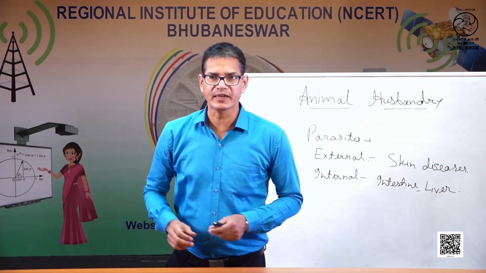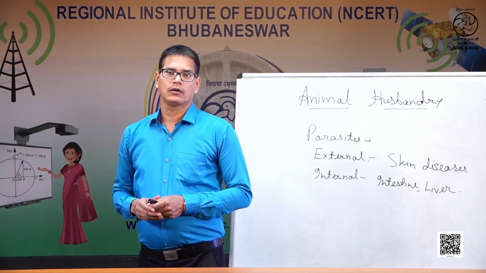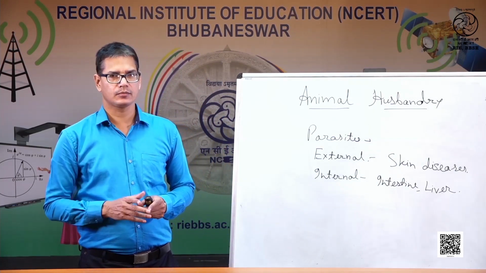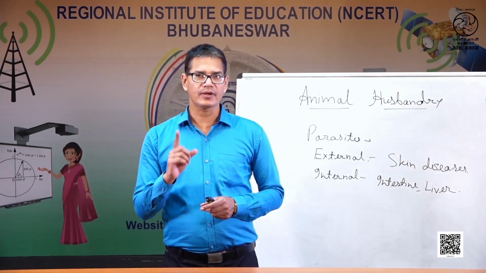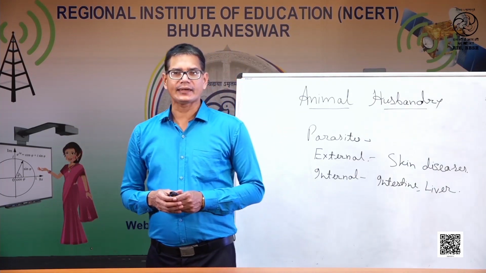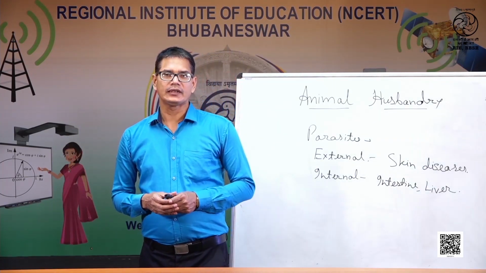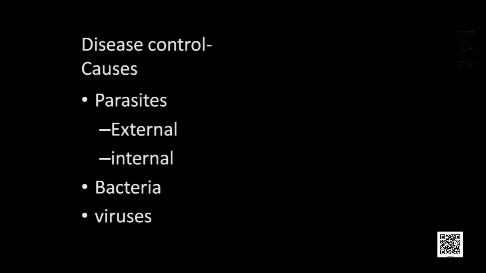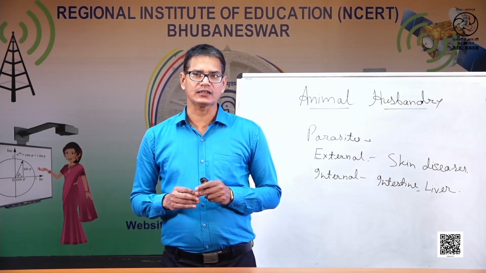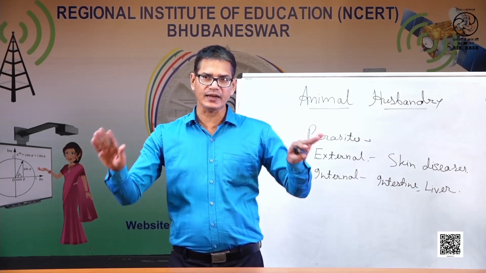Then how can they be cured? Most important thing is by adopting preventive measures. As we know, prevention is better than cure. And cattle also suffer from diseases caused by various germs, that is bacteria and viruses. For that, we have to take necessary action to keep the environment clean.